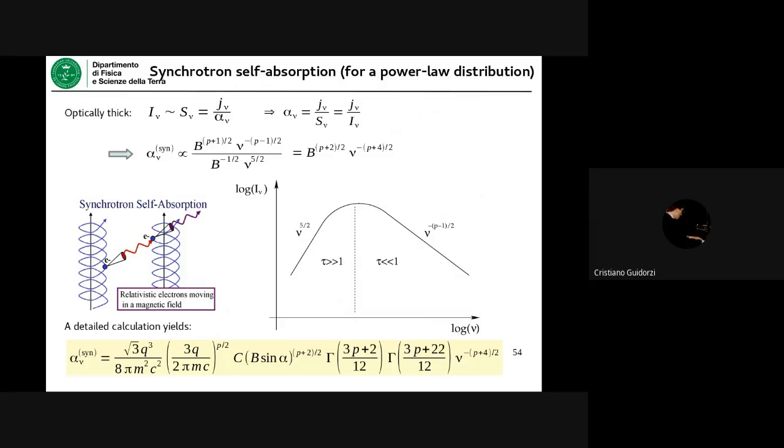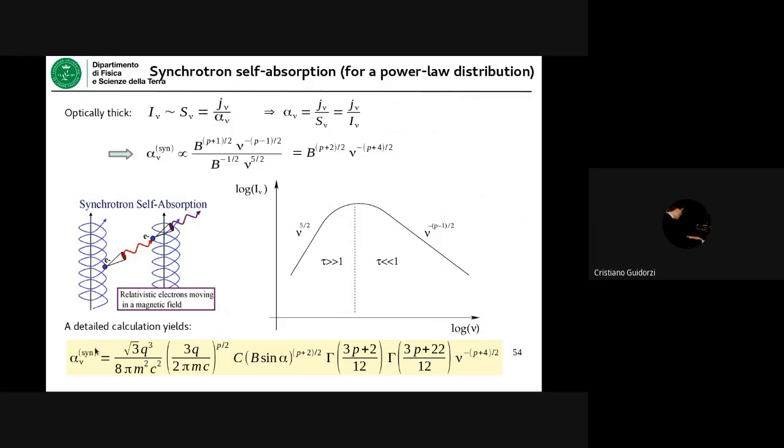Of course, if you measure the peak, you can measure the frequency at which alpha times the size of the source is 1. If you combine the knowledge of the spectrum with measuring this frequency, you can constrain both p and the magnetic field itself. So from purely a spectrum, you can constrain the magnetic field in which electrons are emitting.